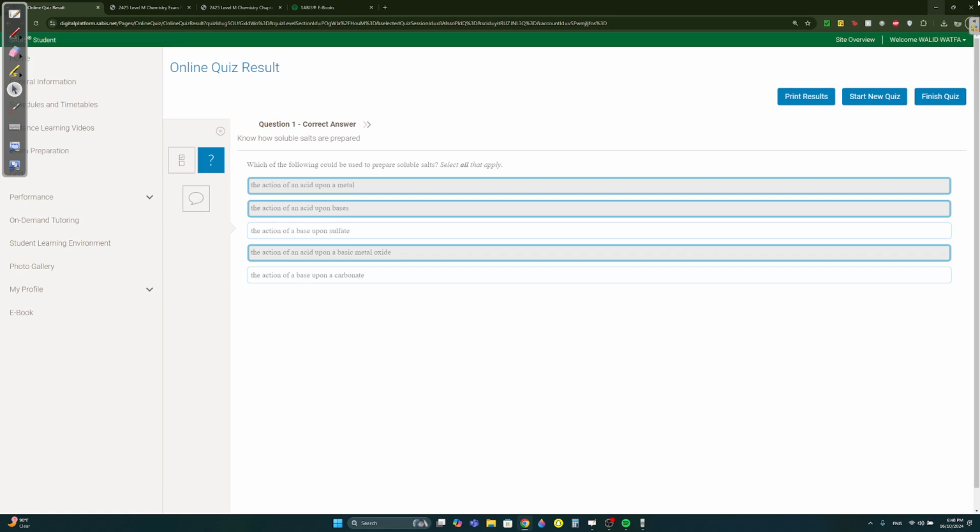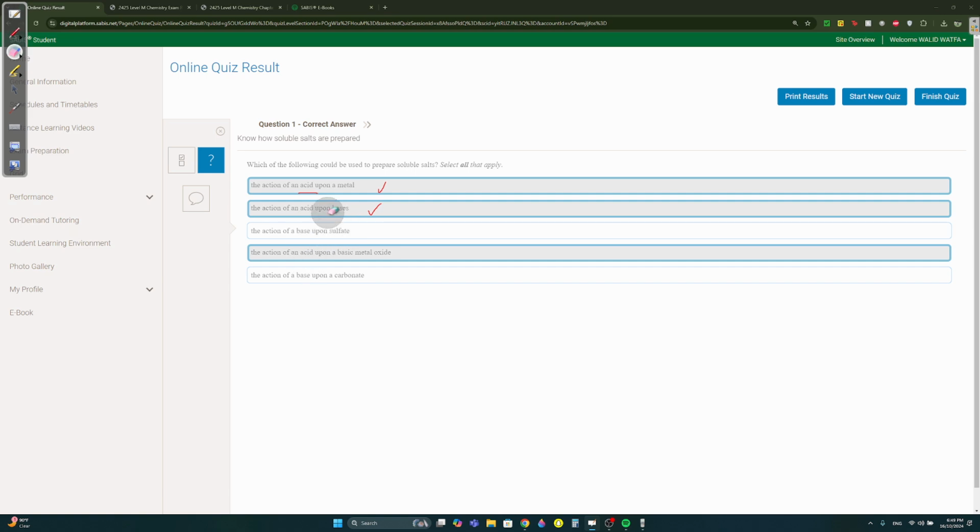Okay, so question 1. Which of the following can be used to prepare a soluble salt? Remember, for a soluble salt, we can either use titration or the excess method. And titration is basically acid and base. So acid with metal... Did we say base with sulfate? No, we said acid sulfate. It wasn't even acid sulfate.